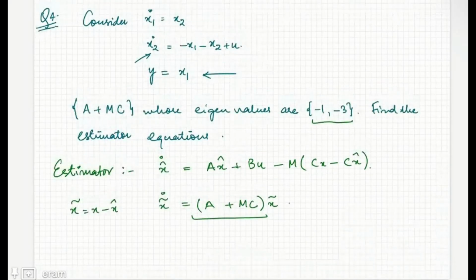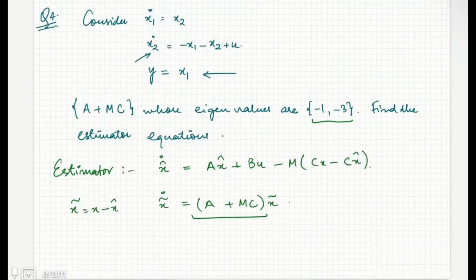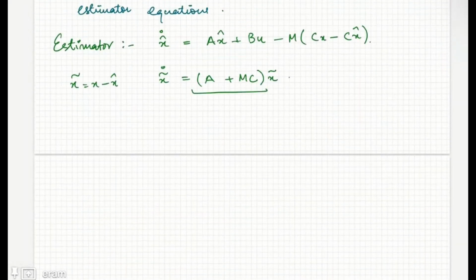So let's consider that our matrix M, obviously it should be of the form column vector. So let's consider that this M is having scalars m1 and m2.